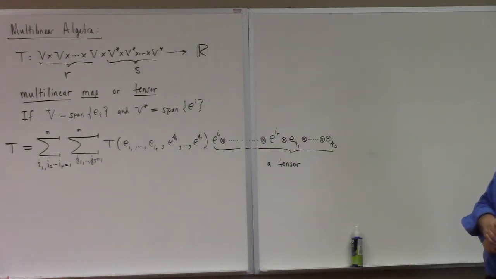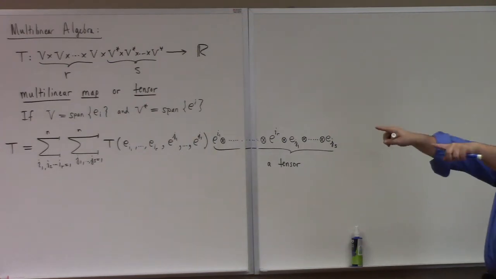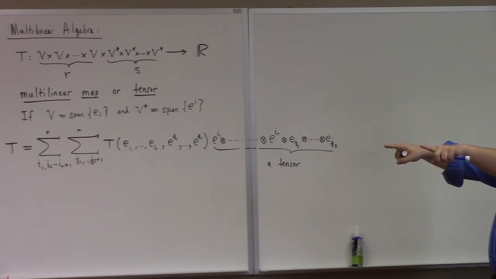So I'm expressing T as a sum of other tensors with components that are given by T acting on the basis elements. This is the analog to the boxed equations over there for vectors and dual vectors.